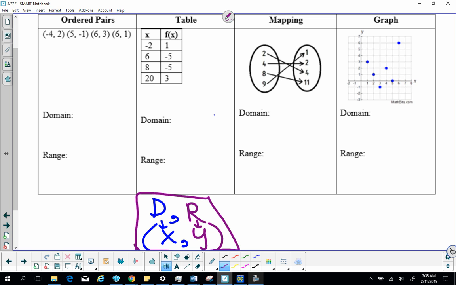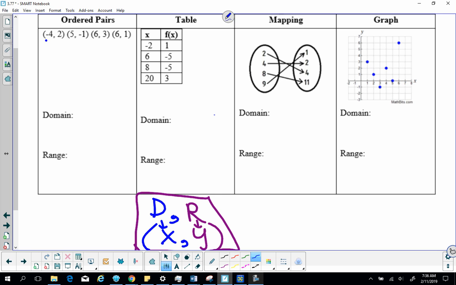So the first thing, we're just identifying it from coordinates. So I want you to go through and figure out, okay, which coordinates would be my X coordinates? The first or the second number in each one. Are they the first number or the second number? When we look at this first number, right?